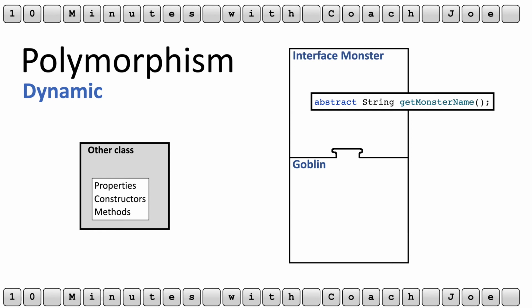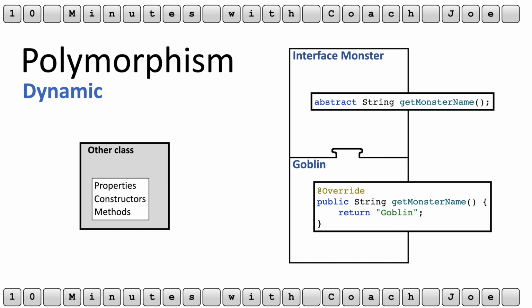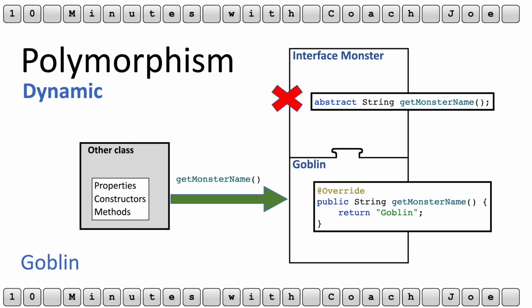With an interface, there could be an abstract method called getMonsterName. The class implementing the interface must define and override the method. If an object calls the child class and requests the getMonsterName method, the value goblin is returned from the child class. As you can see with these three examples, one method call has many forms.